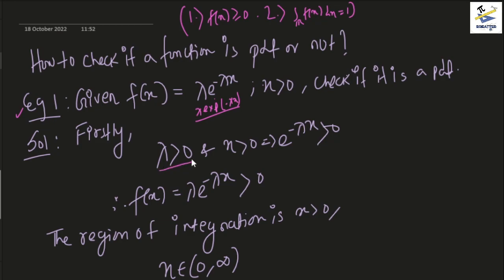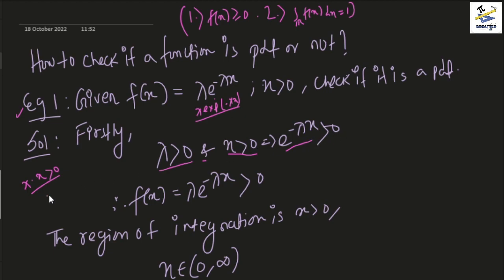Firstly, lambda is greater than 0 and x is greater than 0, right? Now when two positive quantities are multiplied together, we know that lambda into x will also be greater than 0, right? And this means that e to the power minus lambda x would be greater than 0.